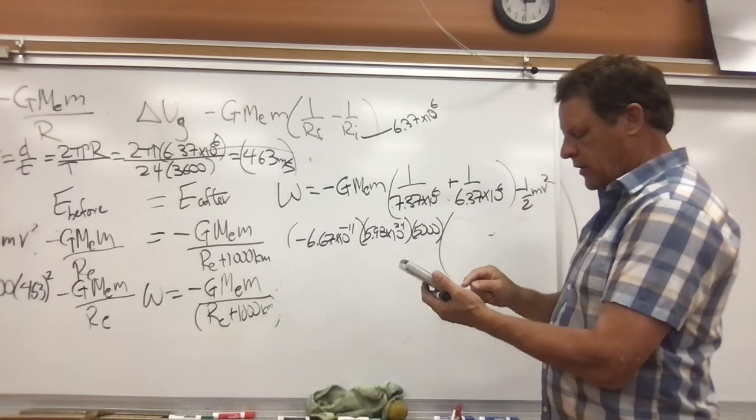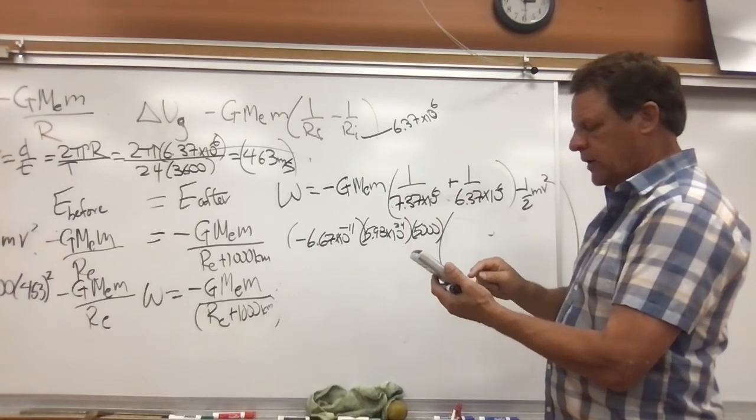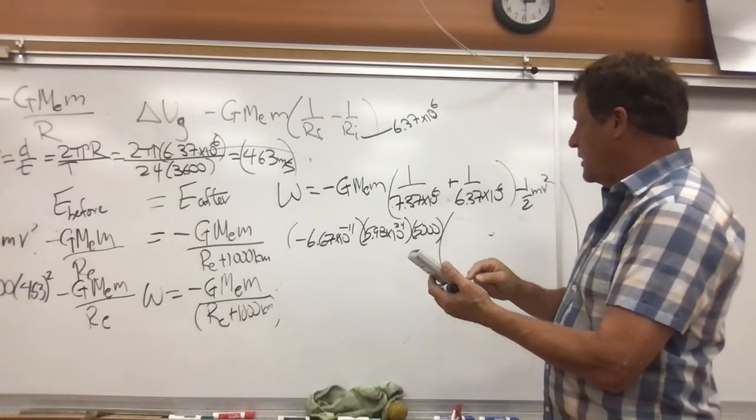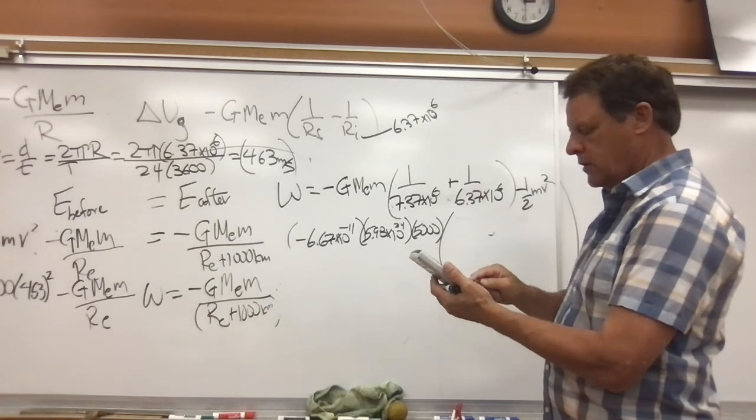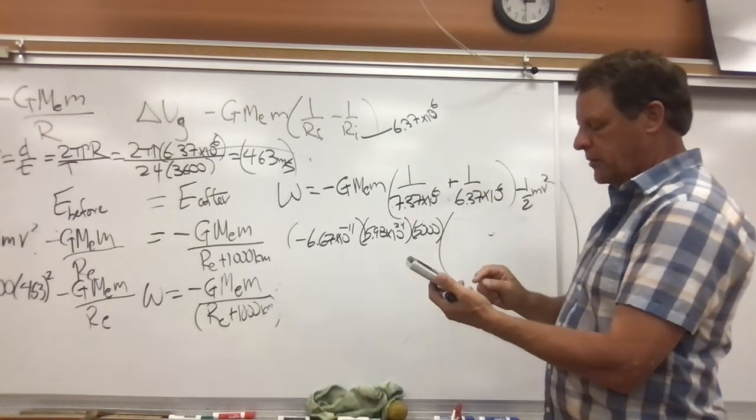So I'm going to have 7.37 times 10 to the 6th, and I'm going to flip that over, so I'm going to say inverse.